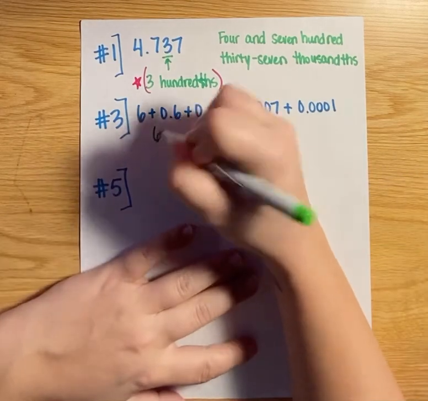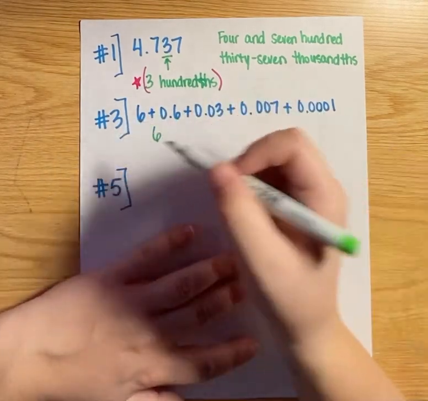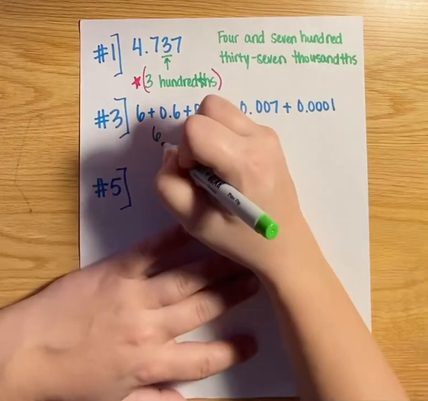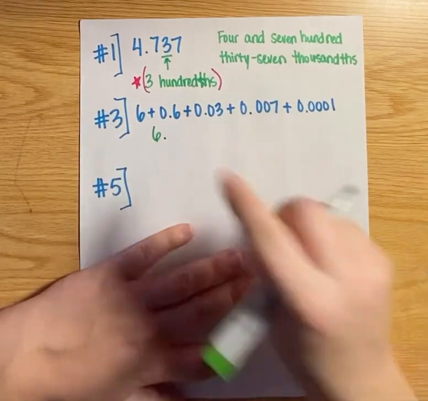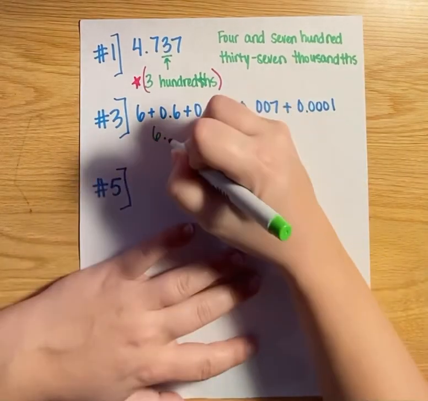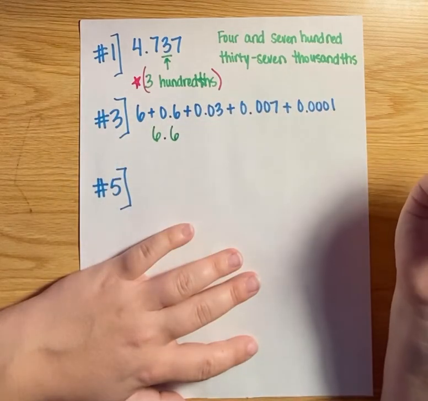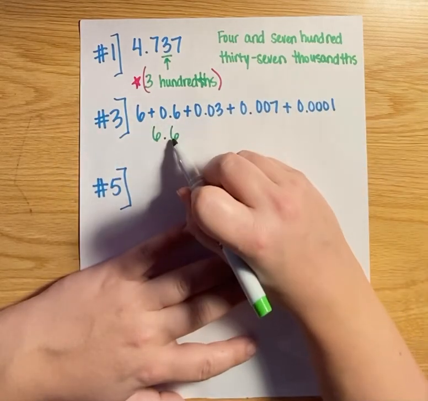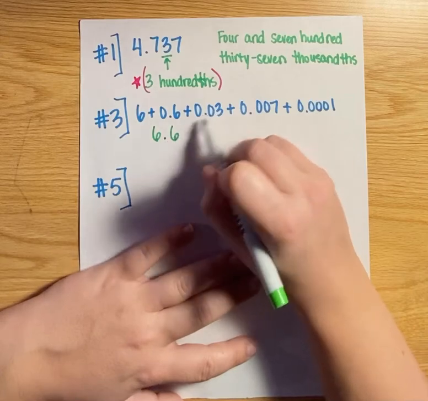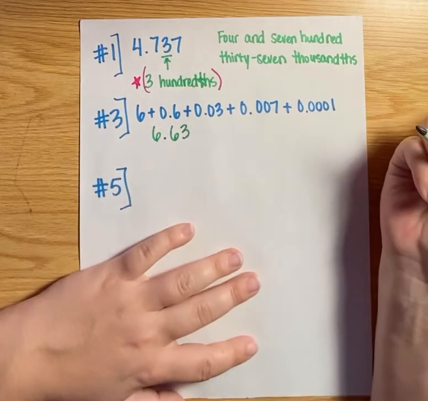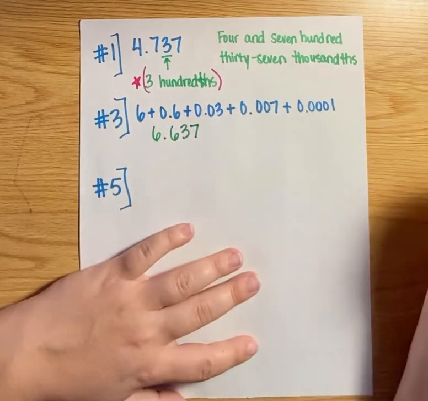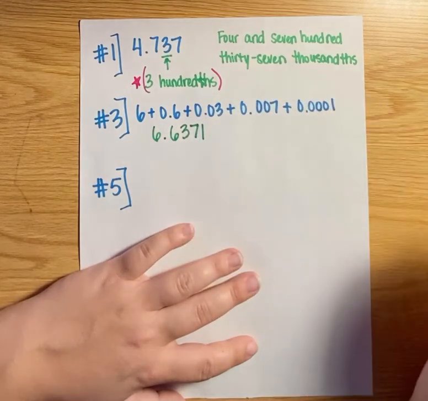We've got 6 before a decimal point. There's no decimal point coming before that one. Then we have a decimal point. Then directly after the decimal point, I have another 6. Then this 0 takes that place for the 6 for our expanded form. So then I would write my 3, my 7, and my 1.